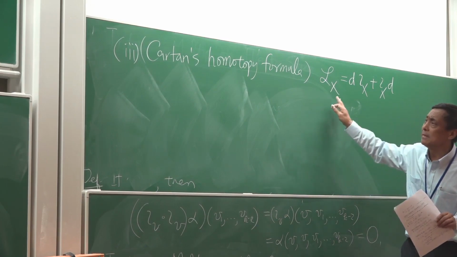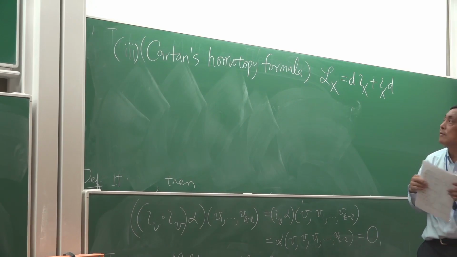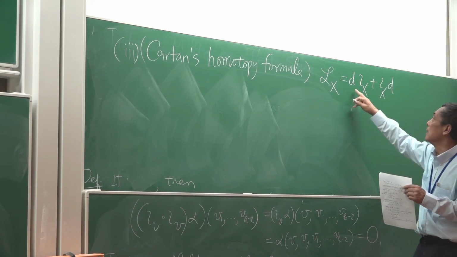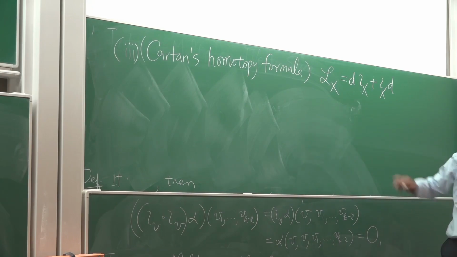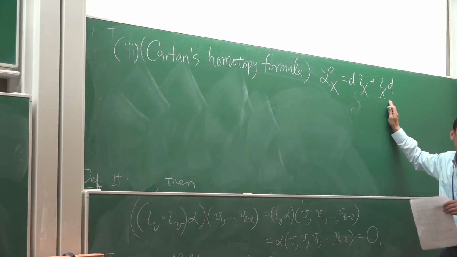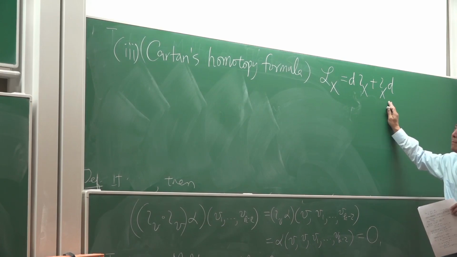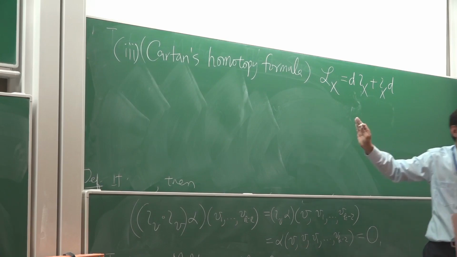This formula is actually fairly easy to prove because d and I are antiderivations. Now, if you have two antiderivations and you form this sum, then it's a derivation. So both sides are derivations.